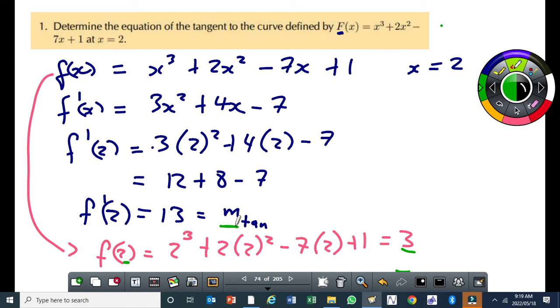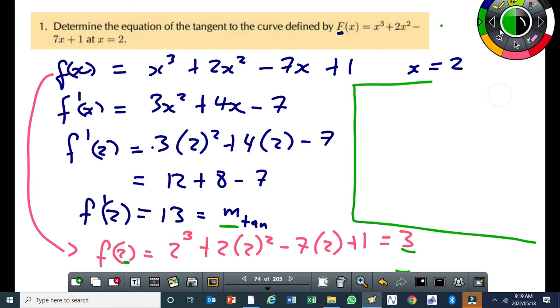Remember a tangent is a straight line, so its basic equation is y equal to mx plus c. So I'll say y equal to mx plus c. So y is 3, the gradient is 13, x is 2.